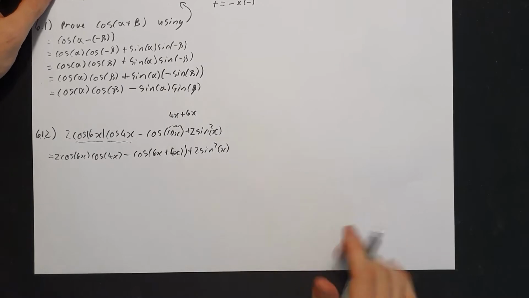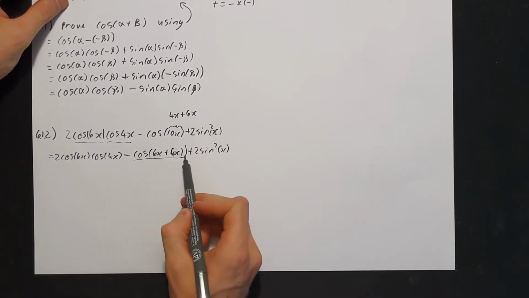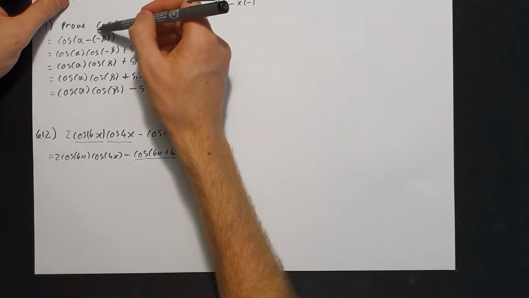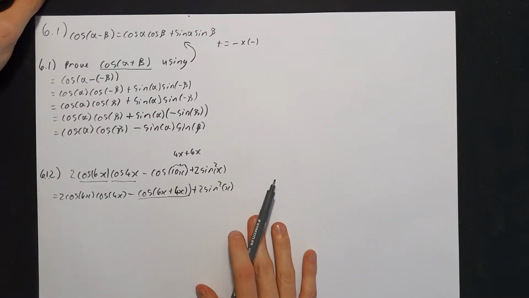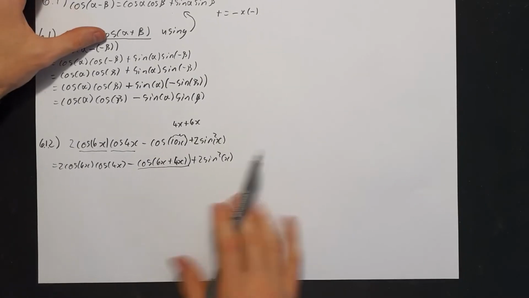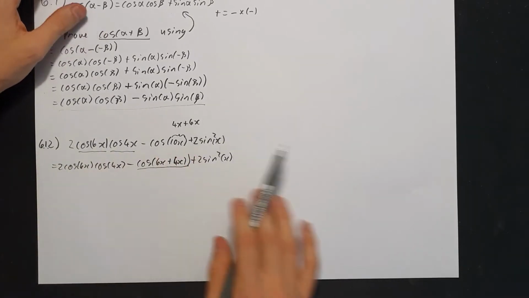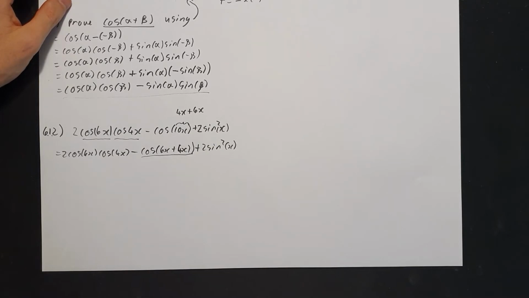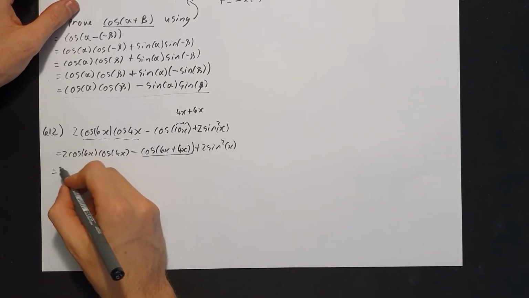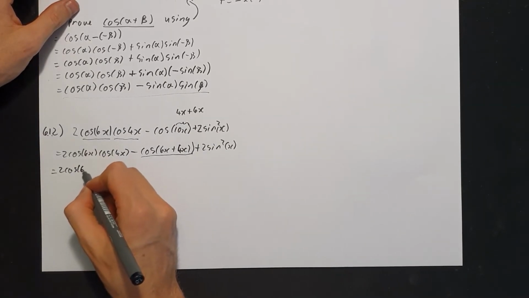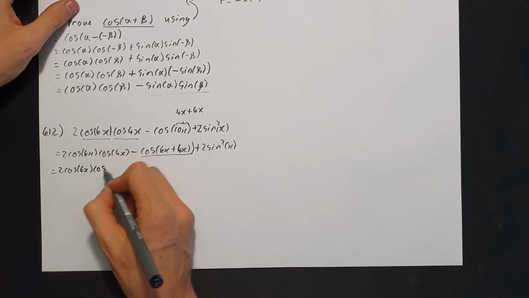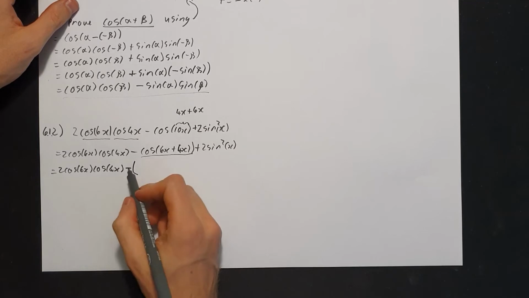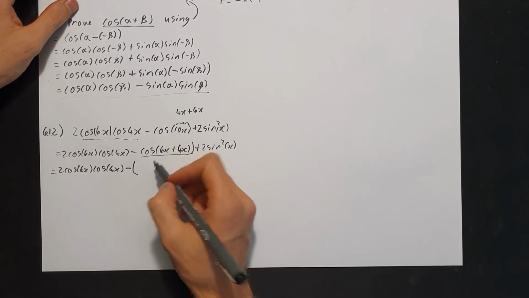Okay, so now by doing that, we can see we have a double angle over there, and we have a rule, or we've just proven the rule for a double angle for cos. Okay, so we know that that is going to just equal to this whole thing over here. So let's substitute that in. Alpha is going to be 6x and beta is going to be 4x. So it's going to be 2 cos 6x cos 4x minus, keep it all in brackets so that you know you need to distribute that negative afterwards.